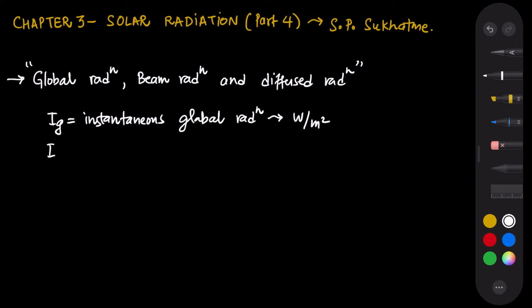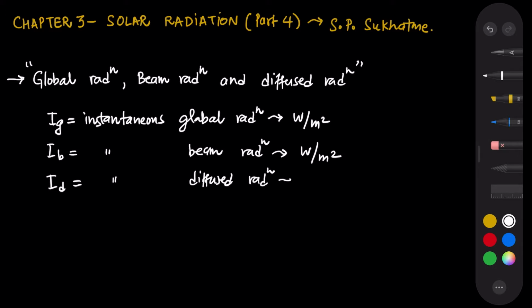Beam radiation is Ib, the instantaneous beam radiation, in watt per meter square. Similarly, the diffuse radiation is denoted by Id, the instantaneous diffuse radiation, and the unit is watt per meter square. This can also be written as joule per second meter square for each of them.